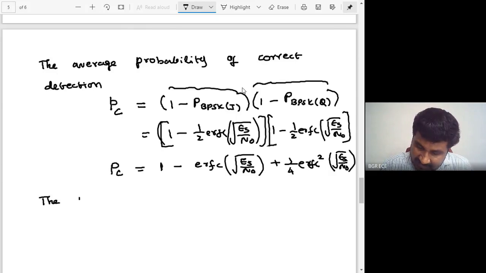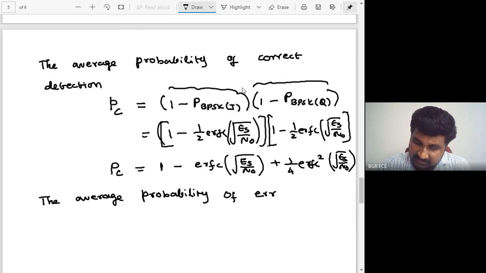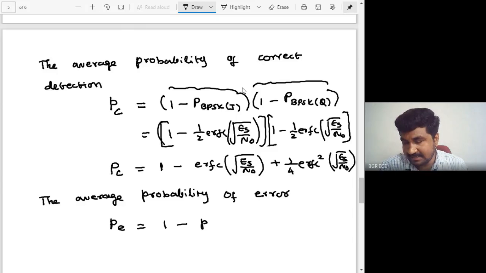Hence, the average probability of error can be written as PE, which is nothing but 1 minus PC.